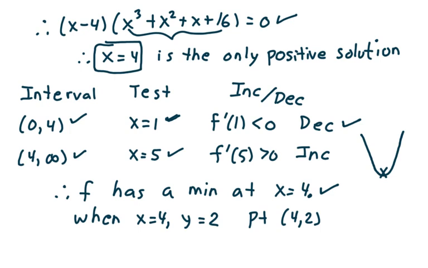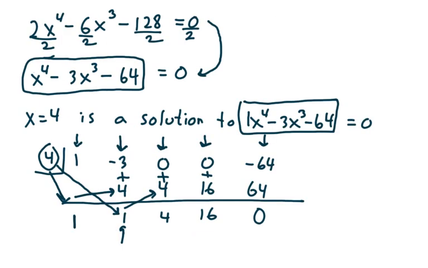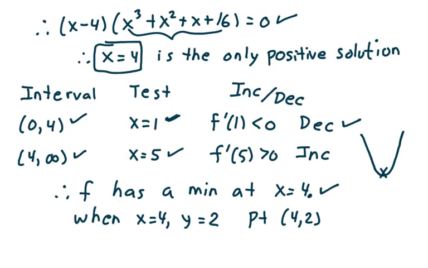Now, where am I plugging this in? Let's go back. I'm plugging x equal 1 in this equation here. All right? And I plugged in x equal 5, incidentally. And you guys have a calculator, right? That's fine. f prime of 1 is less than 0, and so it's decreasing.